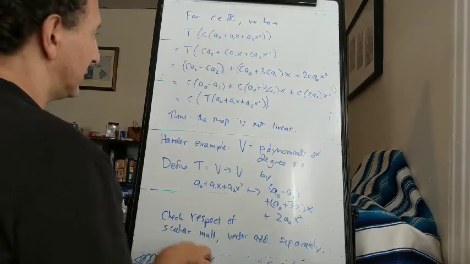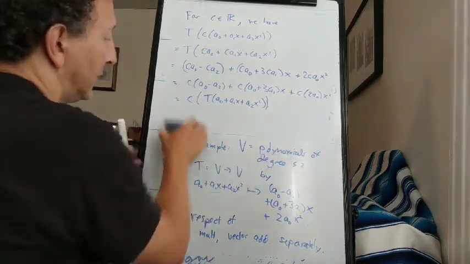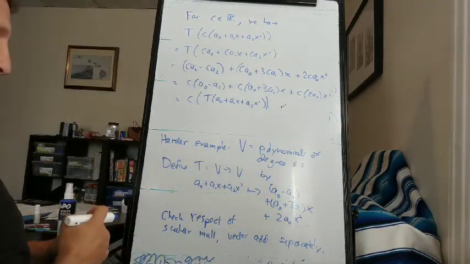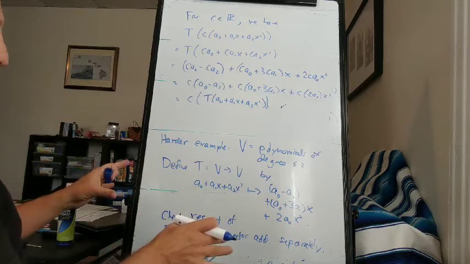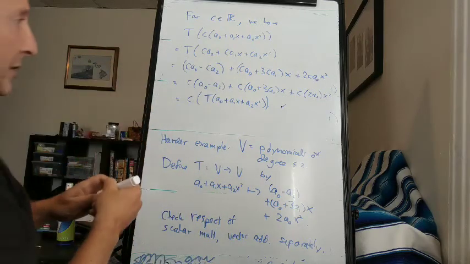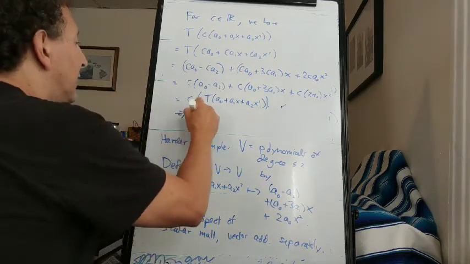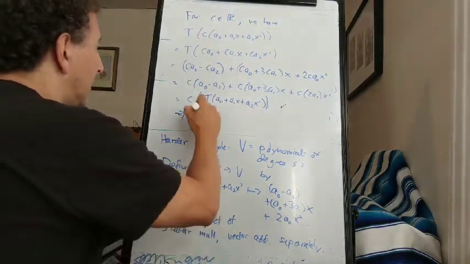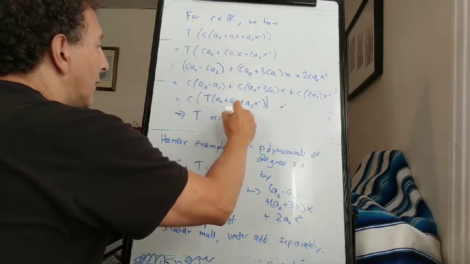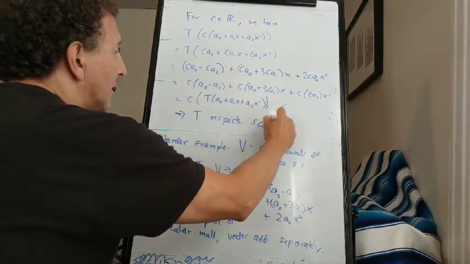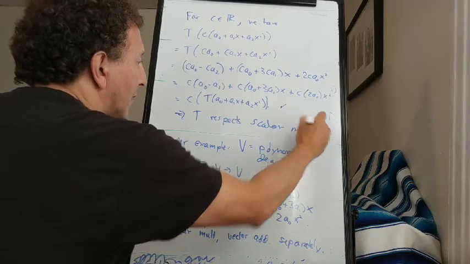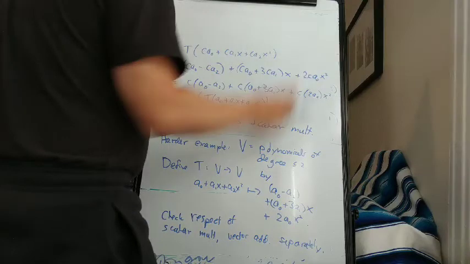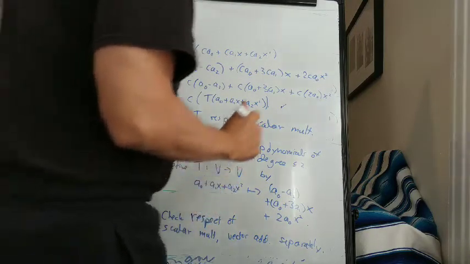Now let's check addition. And maybe I don't want to erase the definition here, so I'll erase the top part and I will start again. So this T respects scalar multiplication. Alright, so what happens if we have two different polynomials?